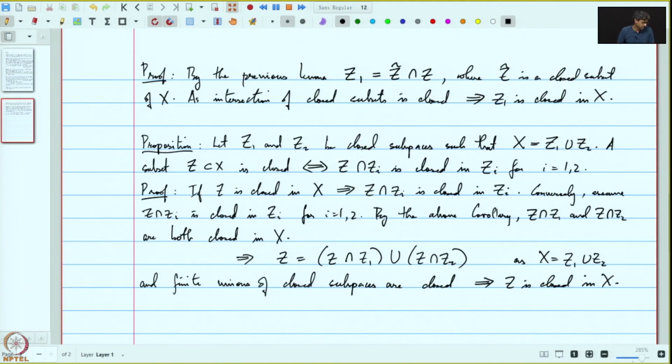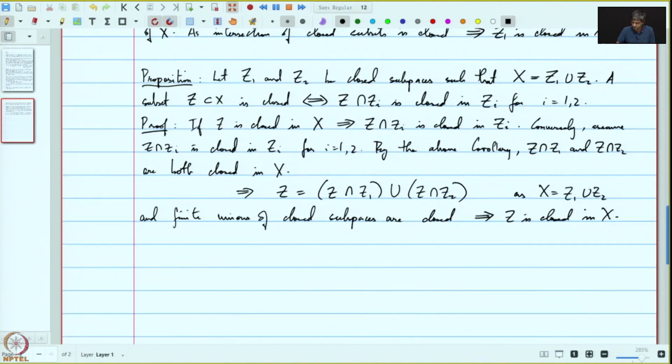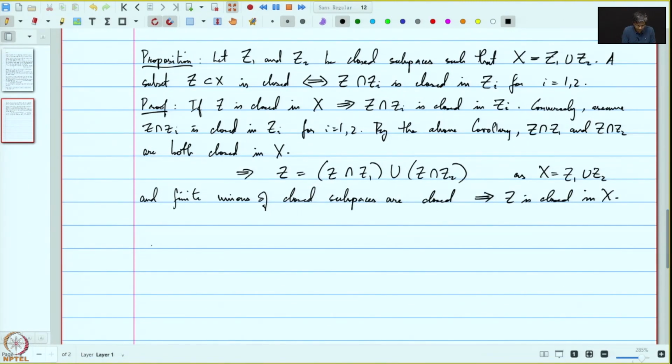So as a corollary of this proposition, let's prove the following useful result about continuous maps.